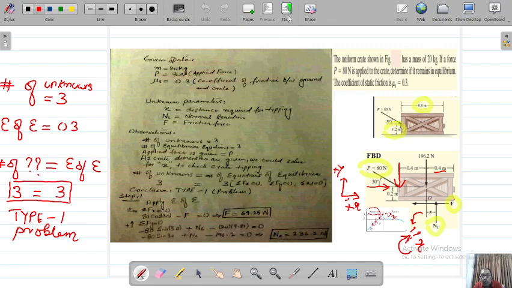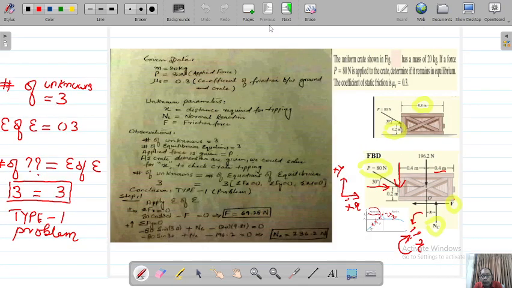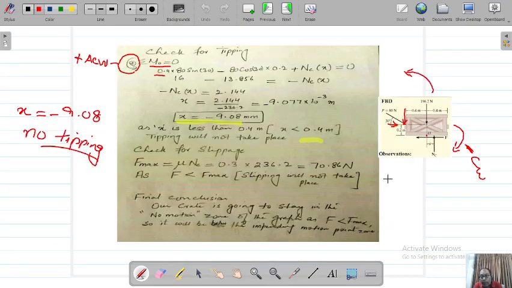Now what we will do is basically check our maximum point of tipping, which is this point. Remember I told you it is this point. At this point we know the friction will be maximum friction. And you know what the formula for maximum friction is?